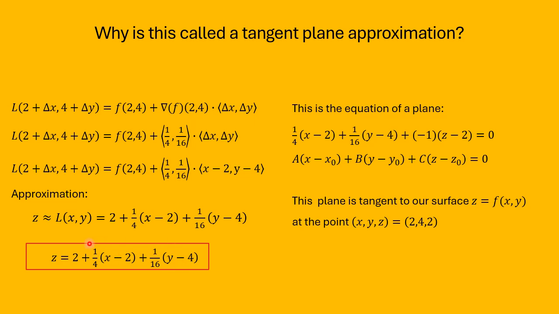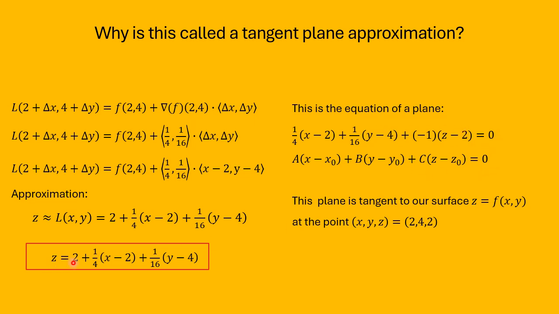And if we look at this, this is the equation of a plane. And why is that the case? Well, if we rewrite this equation in the following form, this term 1/4 (x minus 2) plus this term 1/16 (y minus 4), and then if you subtract z from both sides, we can write plus minus 1 times (z minus 2) equals 0.